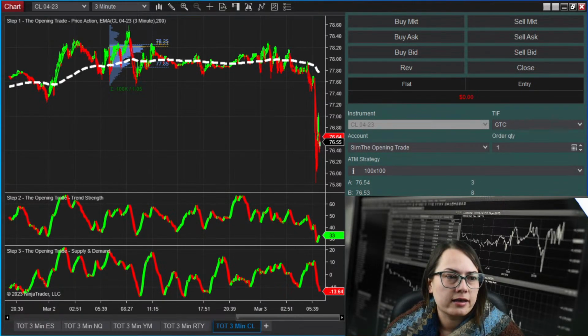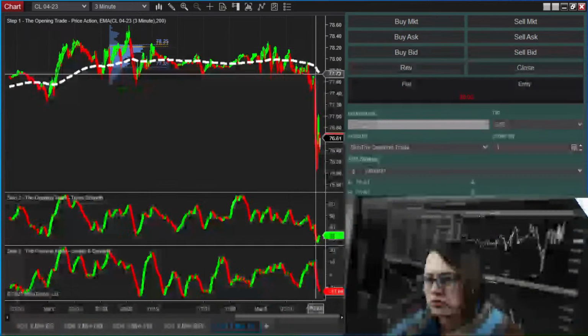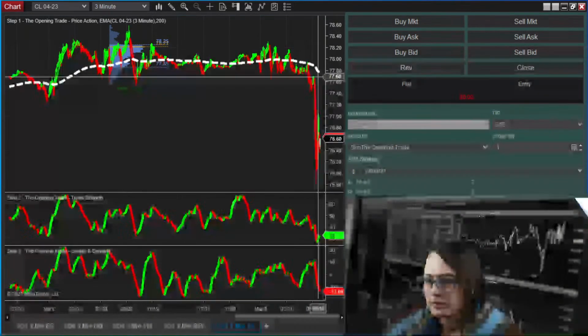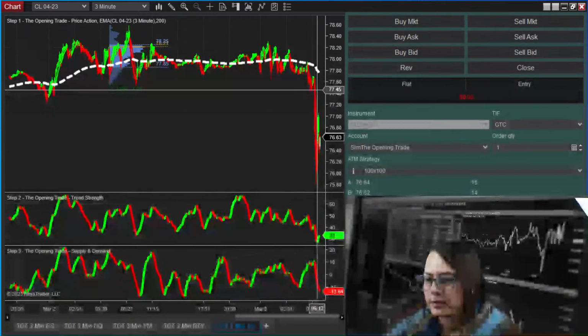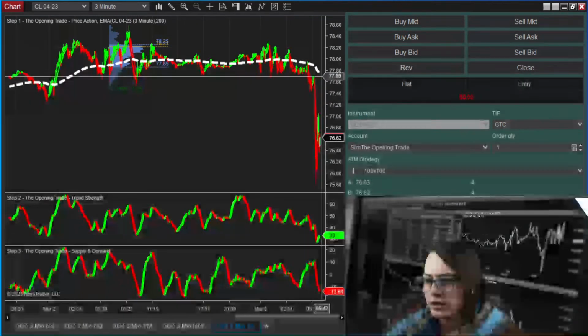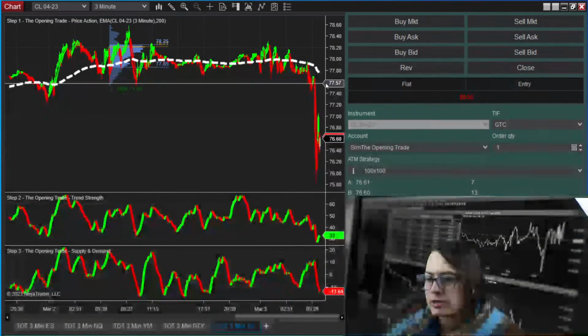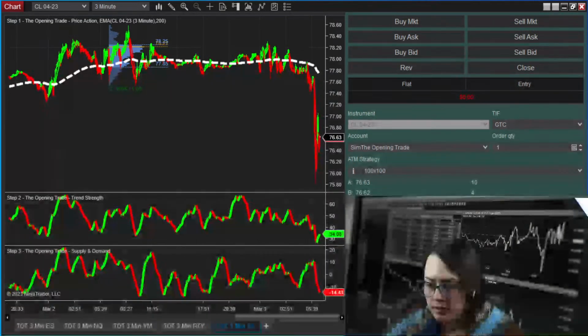Again, this is a mean reversion strategy, and we use a 200 period moving average to substitute here as the mean.